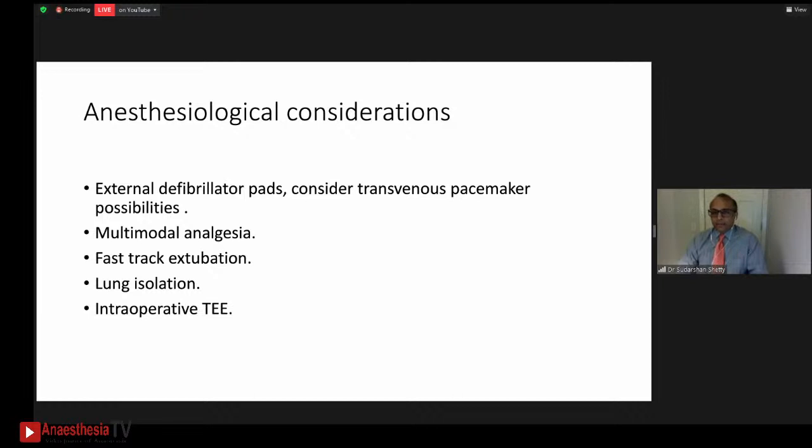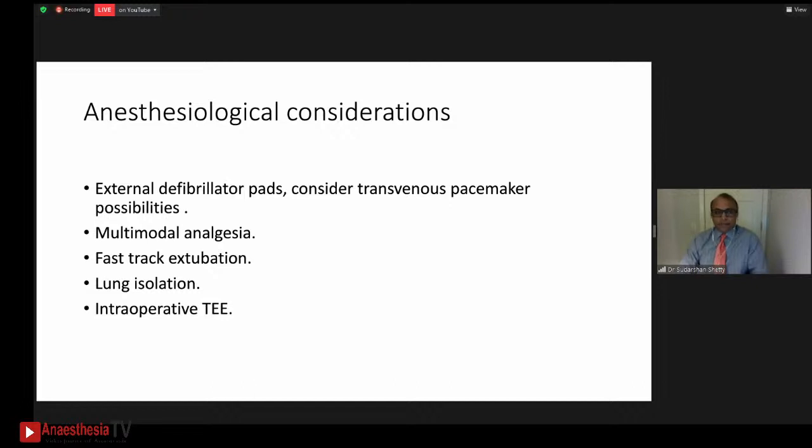It's also not always possible to place epicardial pacemaker leads, and if the patient goes into some kind of heart block that needs pacing, you should consider a transvenous pacemaker. And multimodal analgesia, the ERAS pathways in cardiac surgery is picking up steam, though not completely evidence-based, but I know we're all doing that, trying to collect more evidence.